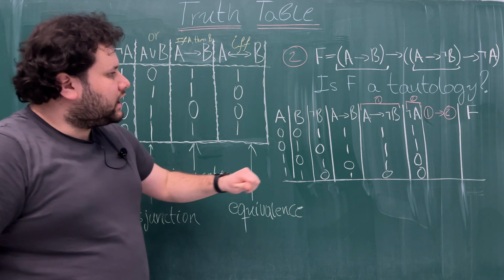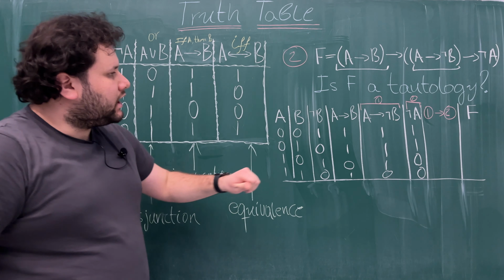The last one is to calculate the value of the whole statement. So look, that's what we have. It's going to be this one and this one. So we need to calculate the implication for this one and this one. We have true implies true, so this is going to be true.